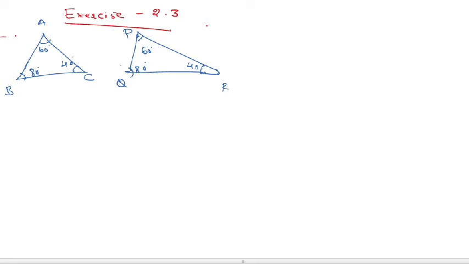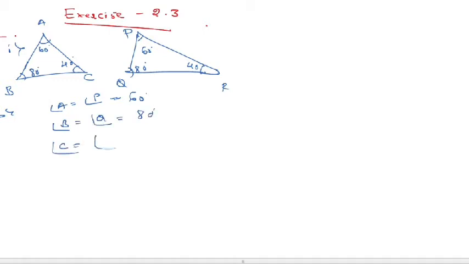First one, our solution is for the first problem. These are similar triangles because here angle A is equal to angle P is equal to 60°. Then angle B is equal to angle Q is equal to 80°.